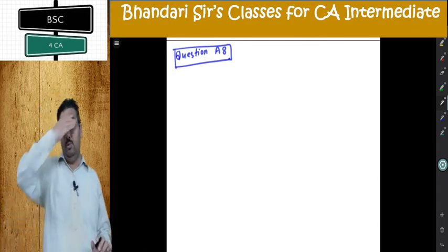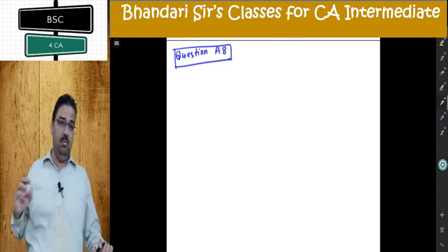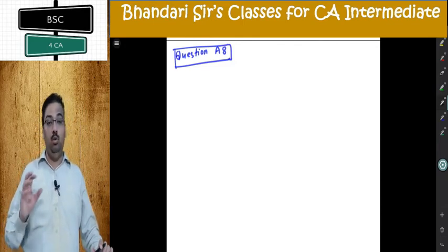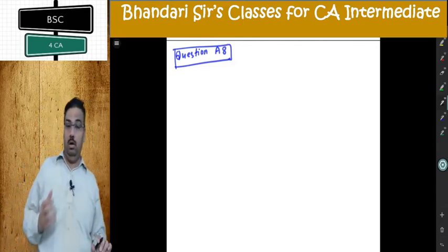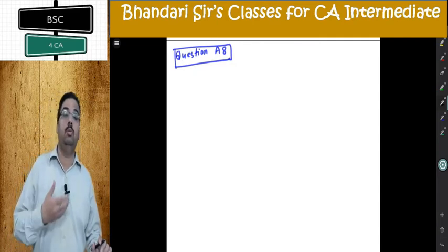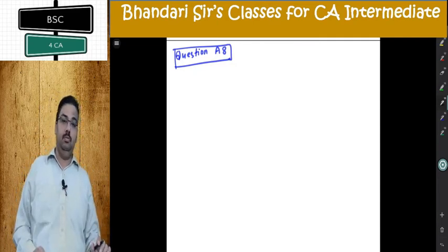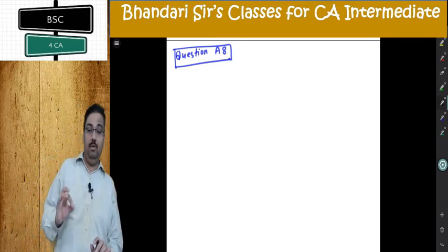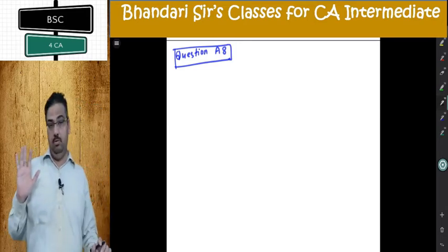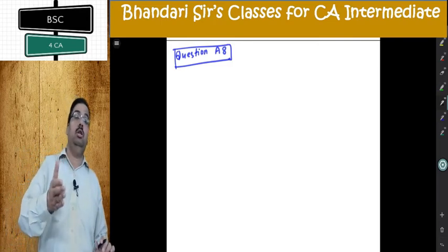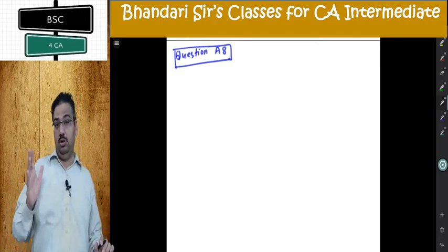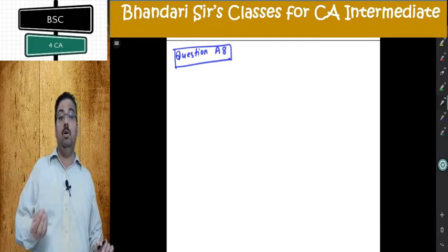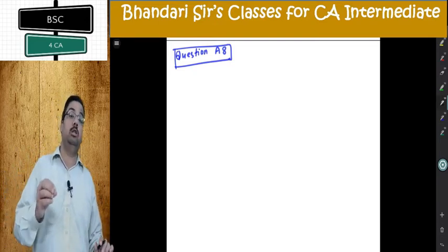The next question we take up is A8. A8 is similar to A6 and A7, but data is given in a different manner. You are given two levels of activity and you are given total cost at both of these levels. The easiest way to do is get variable cost per unit, which is difference in cost divided by difference in units. This is the basics you have done for segregation of semi-variable cost or to compute variable cost per unit.